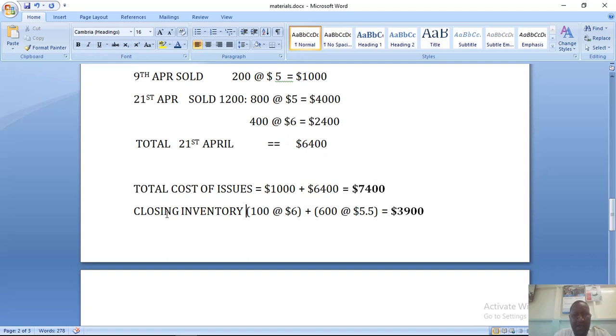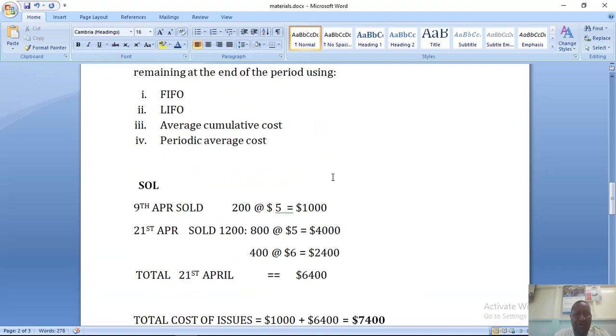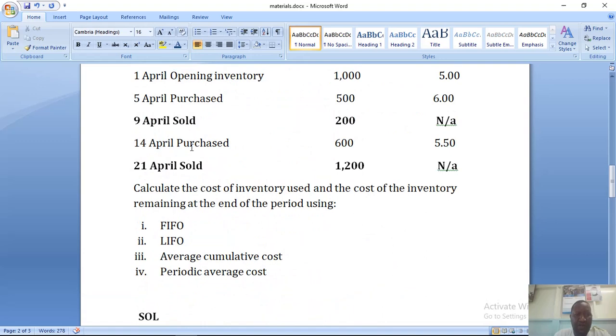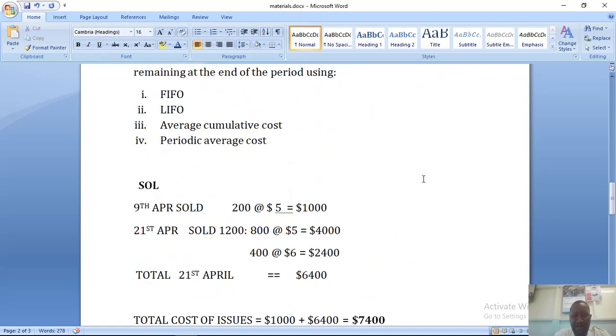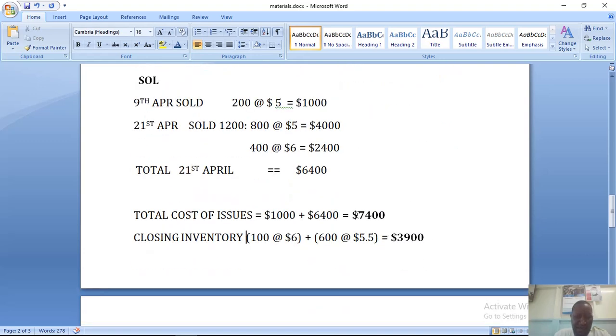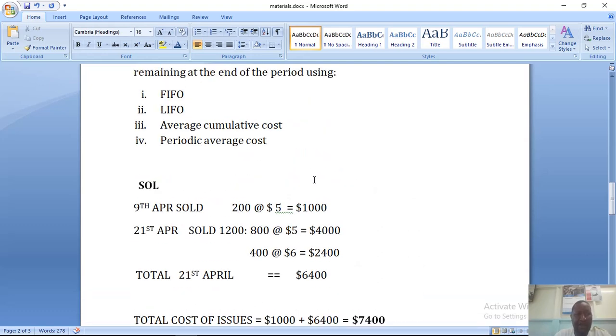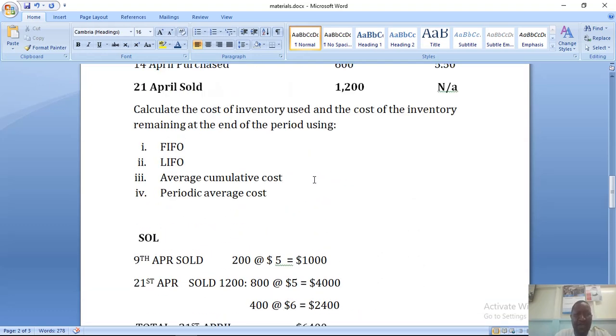Value of closing inventory: we have 100 units remaining at $6 plus the 600 units that were received on the 14th of April at $5.5, and that gives us a total of those two figures. That's how we calculate the cost of issues and the value of closing inventory under FIFO.